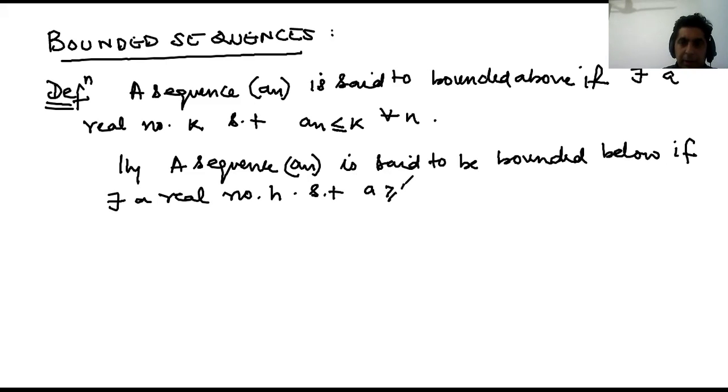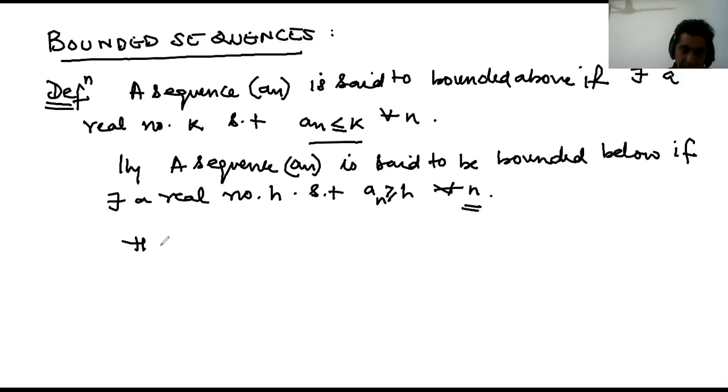So we say that a sequence is bounded above if every term is less than or equal to k, and bounded below if every element an is greater than or equal to h for all n.